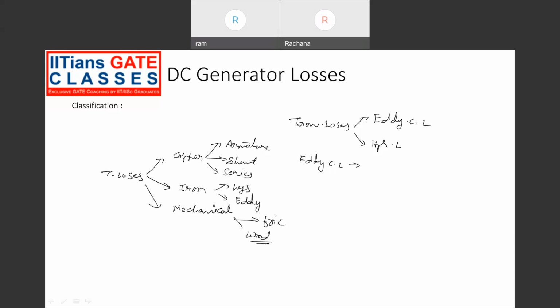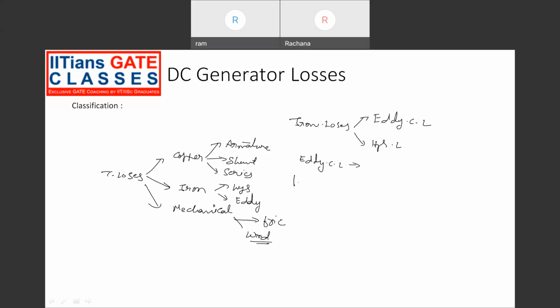The current flowing through the armature will create heat in the armature, because of which some energy is lost in the form of heat. This is called eddy current losses. To avoid these eddy current losses, what is generally done in the machines is the armature has to be laminated. So instead of making the armature with a single solid material, it is made up of a number of laminations.